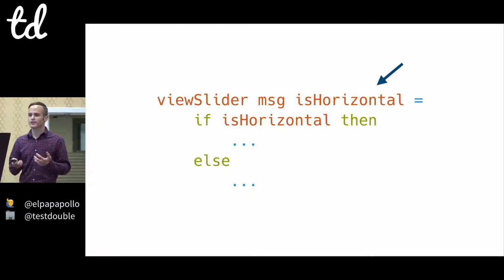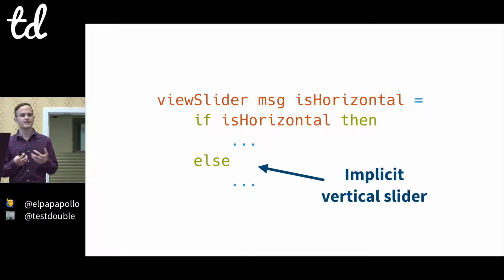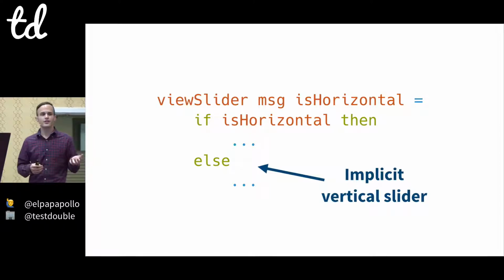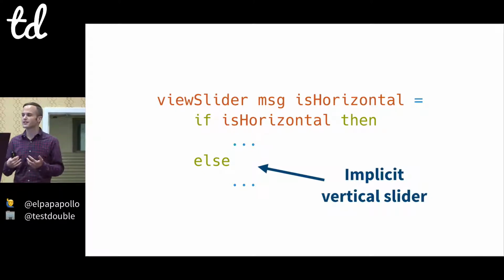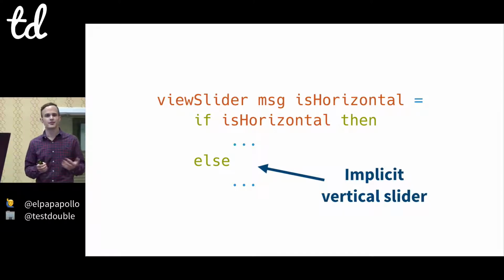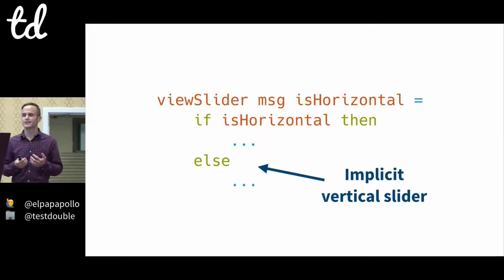In the else branch, though, we end up with some implicit state. Here, implicitly, this is a vertical slider. So it's not only confusing what this argument does from its usage, but we're again encapsulating binary state with meaningless values. There's no way for a caller to know what the implicit state is without reading through the code. So Boolean arguments create this loss of intent.